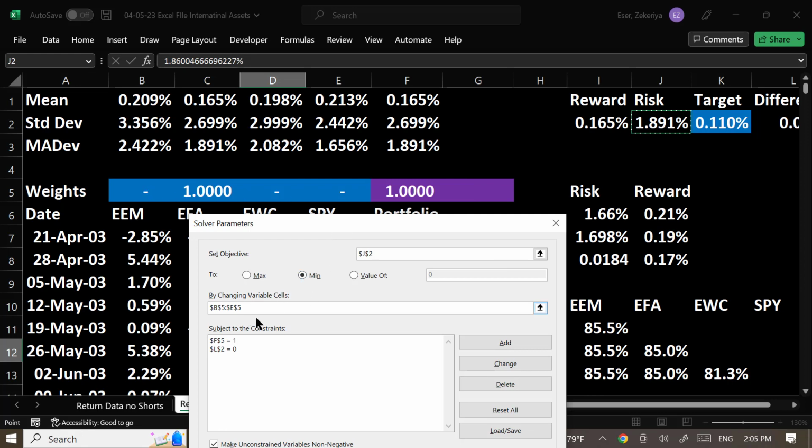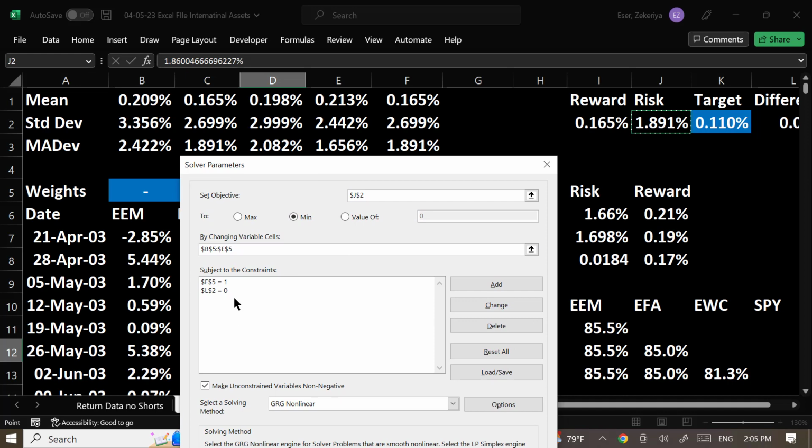Okay, I still want the weights to add up to 1, and I want the difference between the target and reward to be 0. I will no longer make the weights non-negative. For now, let's close that one.